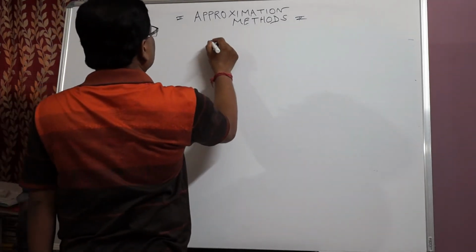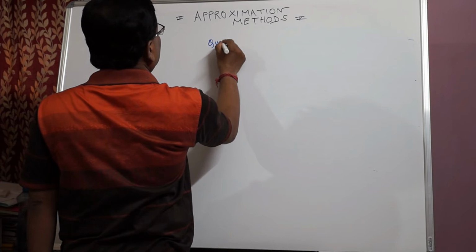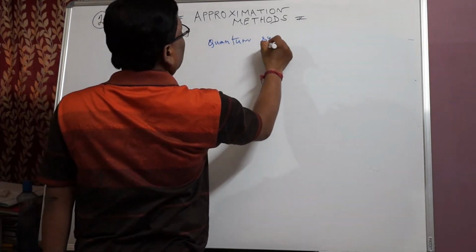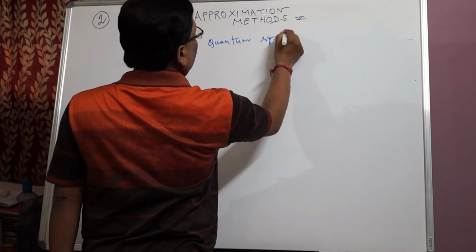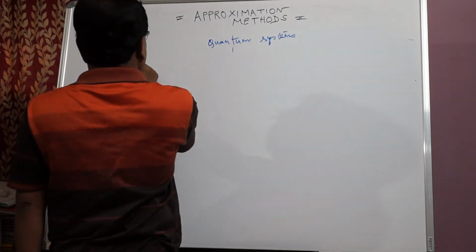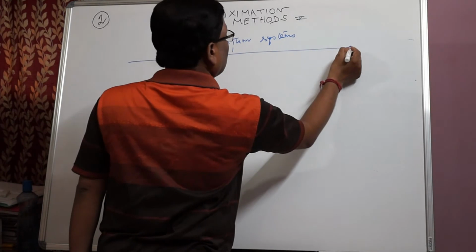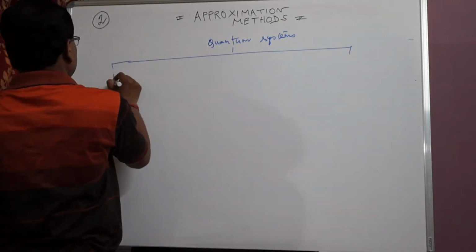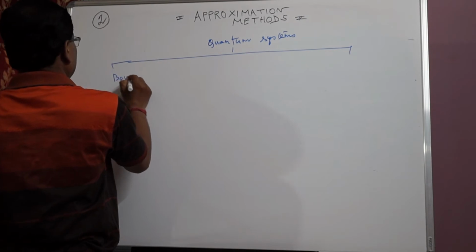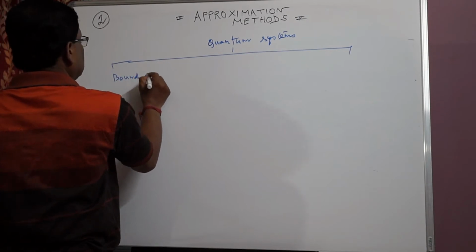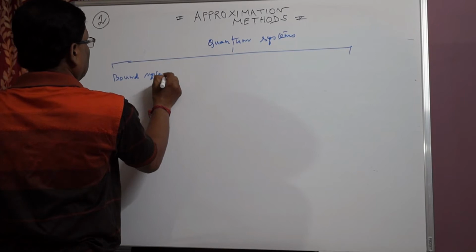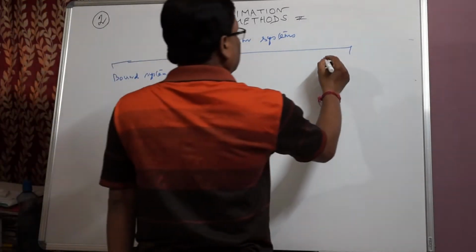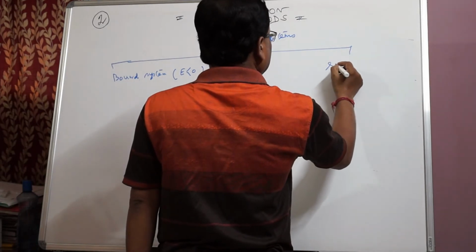We write quantum system, bound system, E less than 0, and this is the unbound system of scattering.